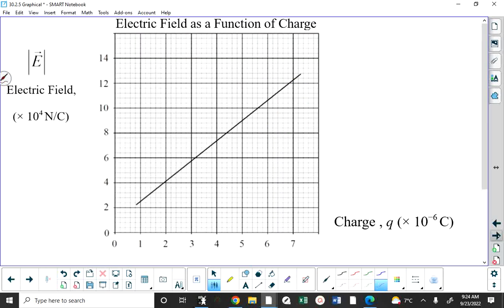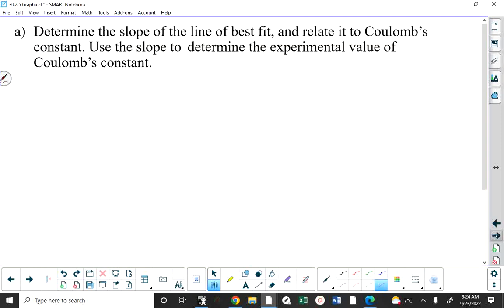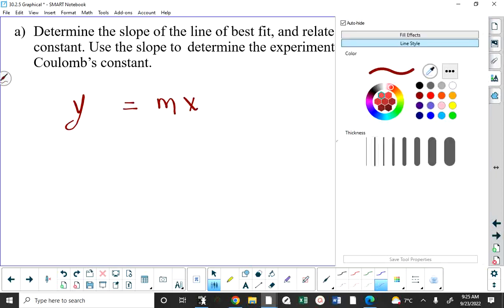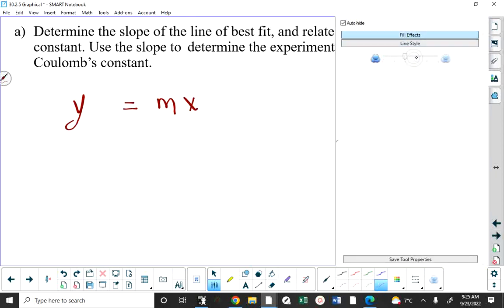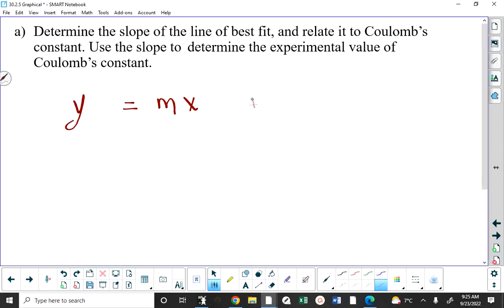There's the graph. It's a straight line. Why is it a straight line? Well, the reason it's a straight line is because y equals mx plus b is the equation of any straight line.